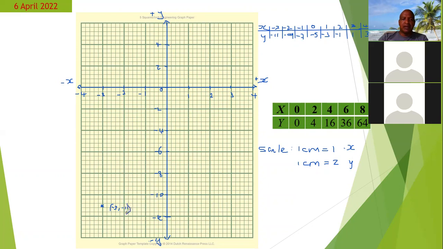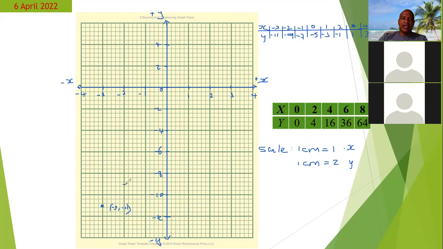All right. And so we keep doing that for all of our values. So the next one would be -2 and -9. So we go to the -2, come down negative. So we have x equal -2, then we're coming down -2, -4, -6, -8, and halfway between 8 and 10, we would have 9.